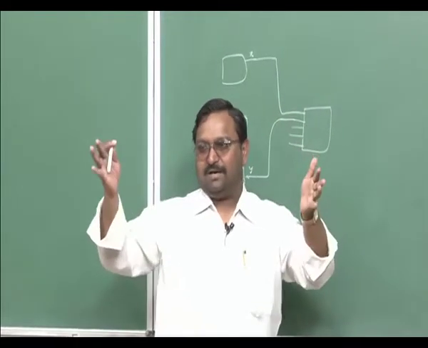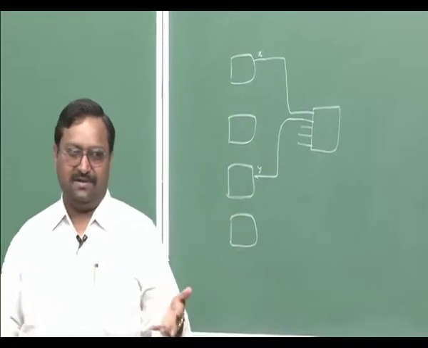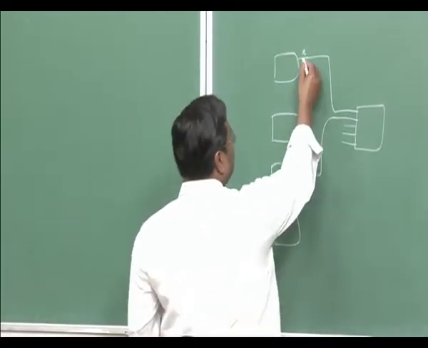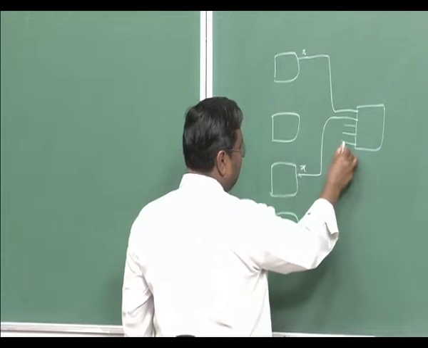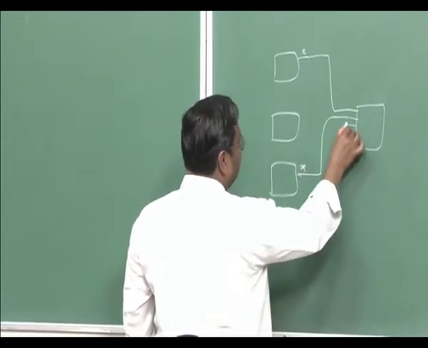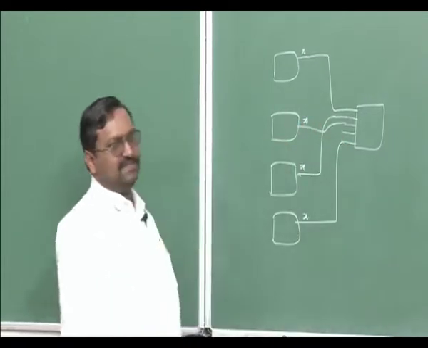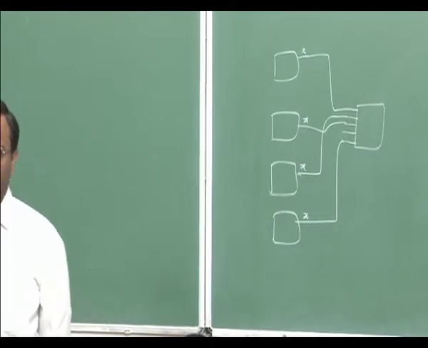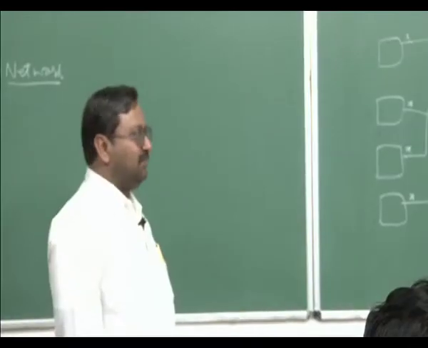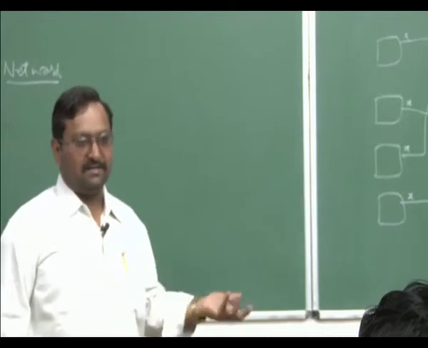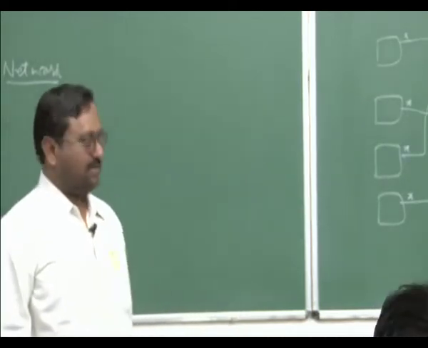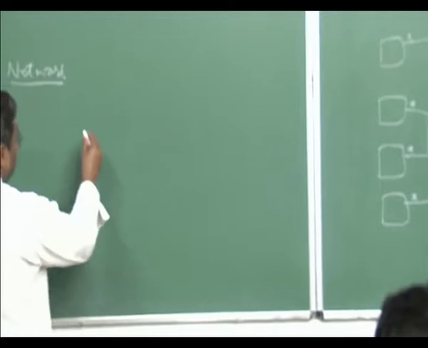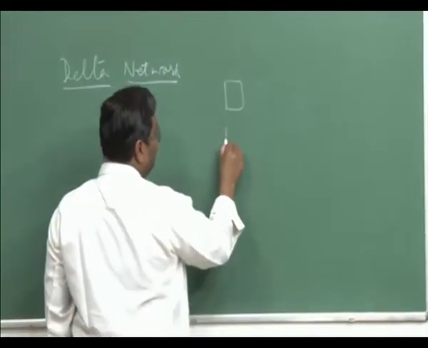All the inputs, this is x, then this also has to be x, and wherever you are connecting, this also has to be x. That is the condition which needs to be satisfied. If you can build a Banyan network with this condition, you will get a digit controlled routing network, or delta network. So, for that 8 by 8 case, I think that is what we were discussing last time.